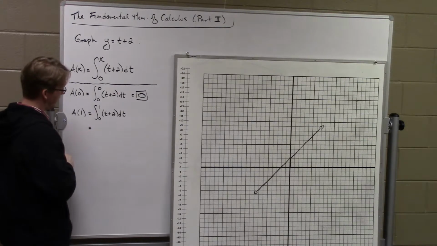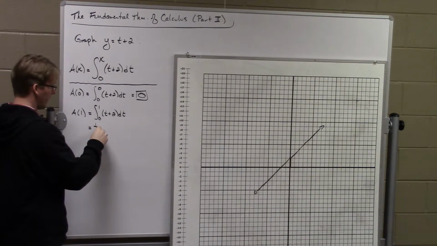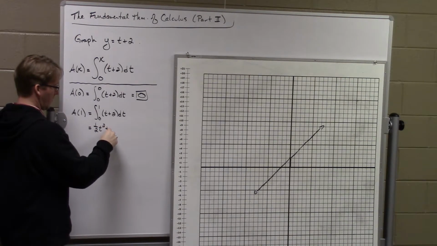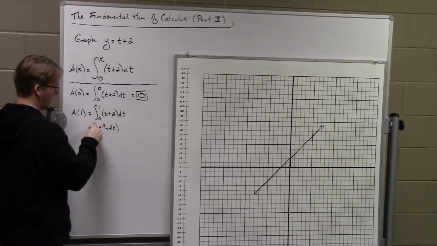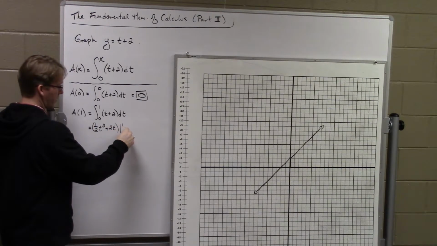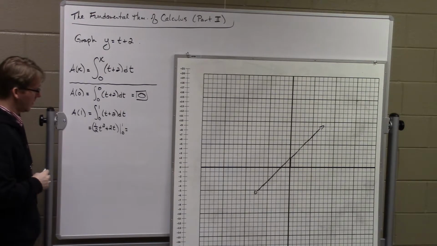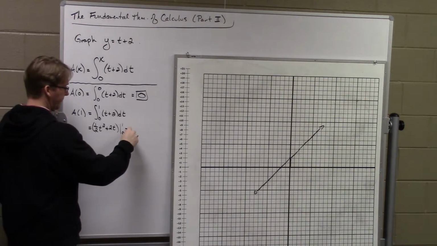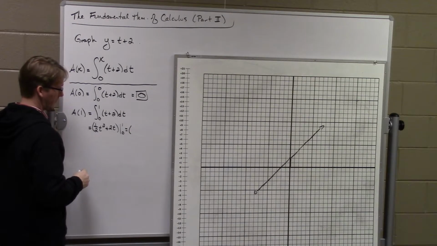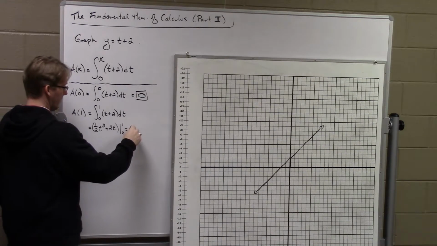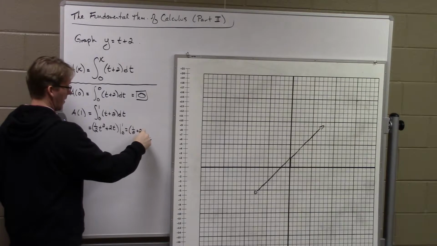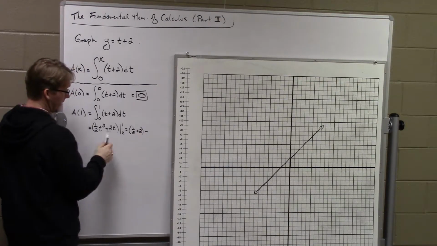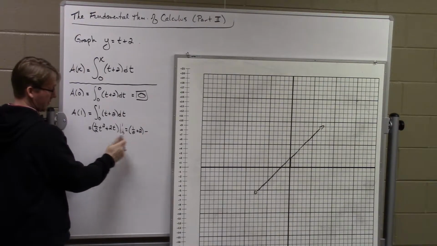Alright, go. 1/2 t squared plus 2t. Okay, that is us taking the antiderivative, and then we're gonna evaluate this from 0 to 1. Alright, what happens when we stick in 1? 1/2 plus 2, minus 0. 0, alright.